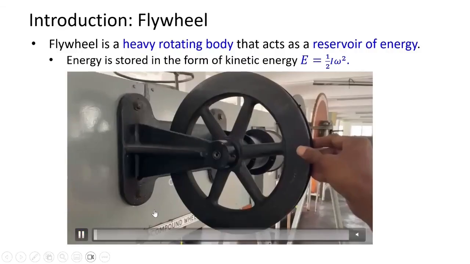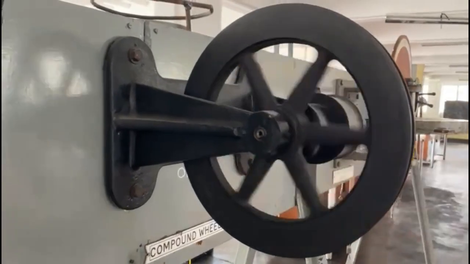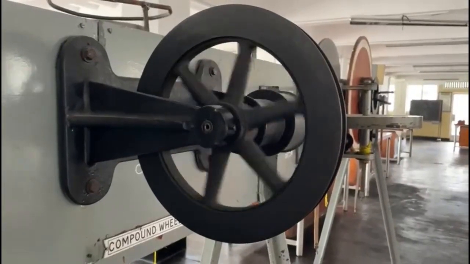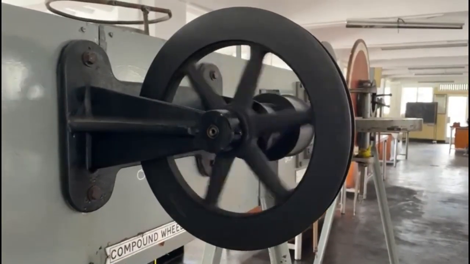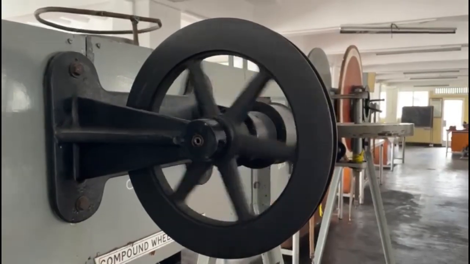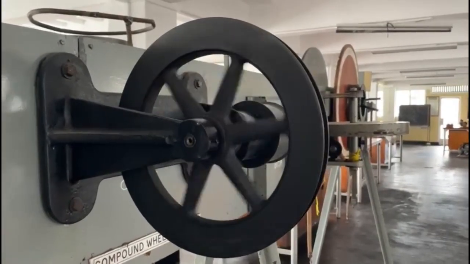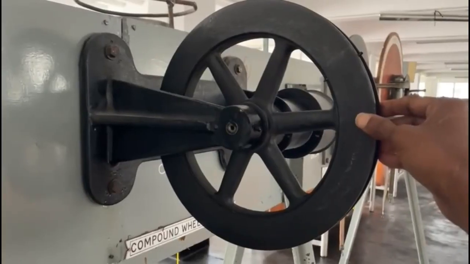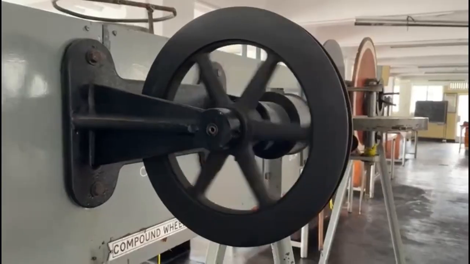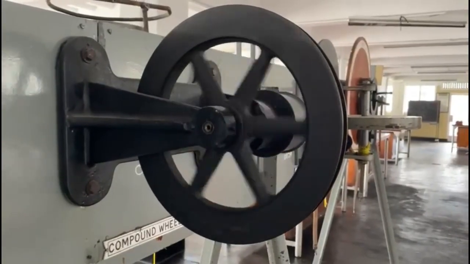Now, as you see, if I give a small push, then I give a bit of energy into the wheel, and the wheel continues to rotate. Now, there is no energy input to the wheel, so it has saved the energy that I gave, and it continues to rotate by using that energy.